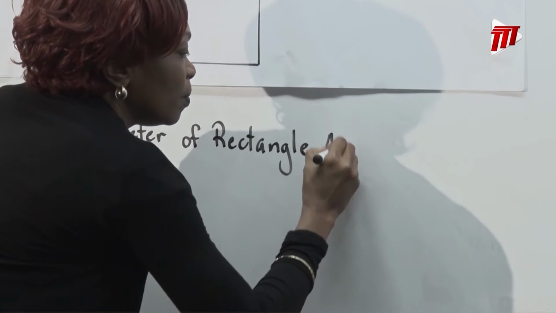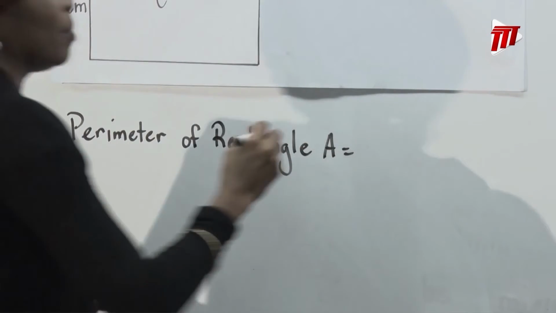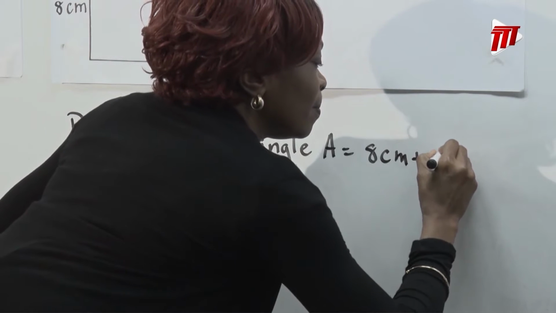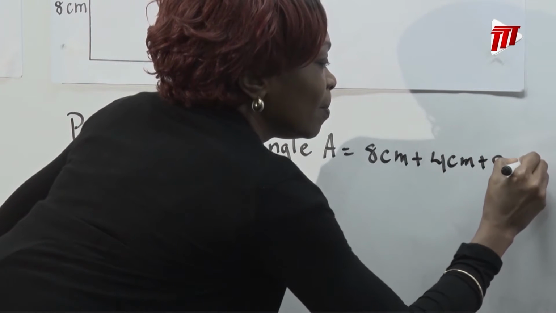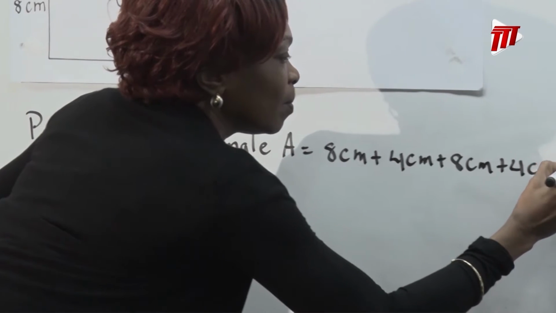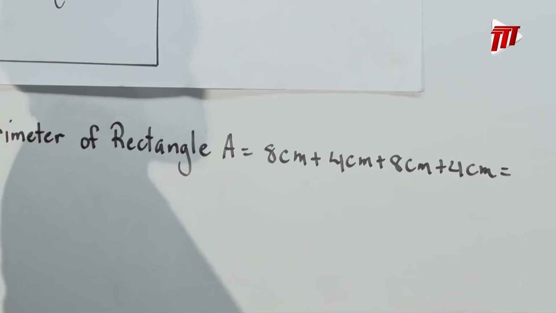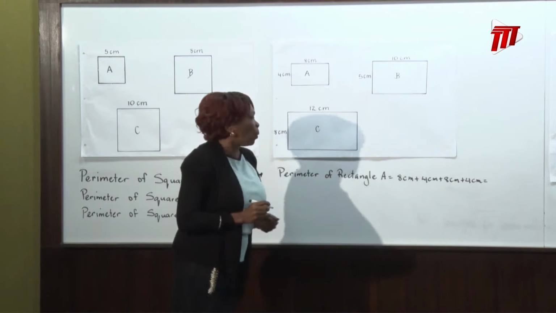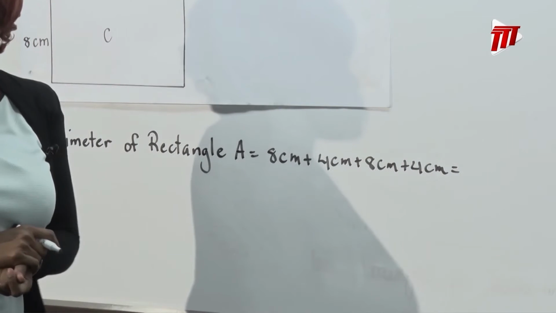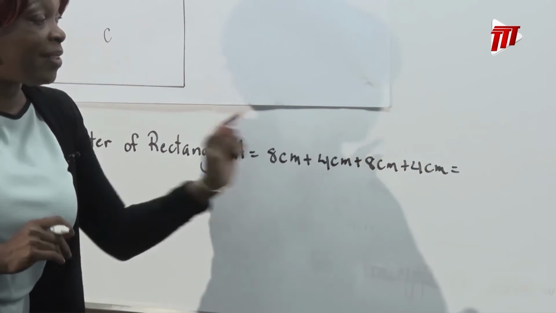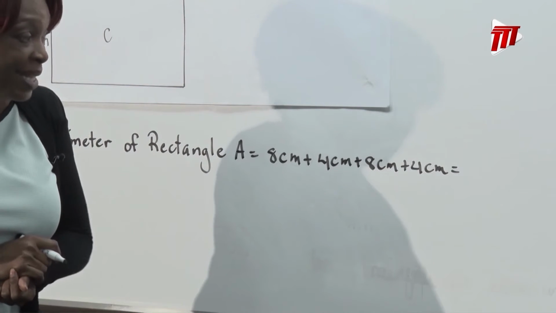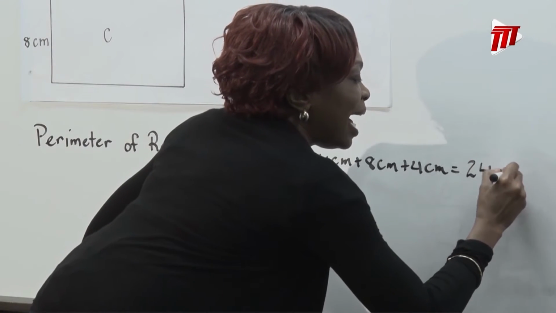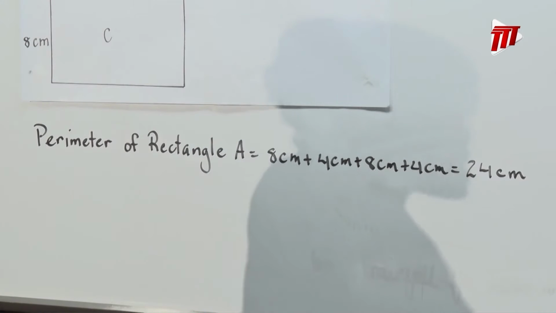If we come all the way around, remember that a rectangle has 2 lengths and 2 breadths. So let's add it up quickly now. 8 centimeters add 4 centimeters will give us 12 centimeters. 12 centimeters add 8 centimeters, 20 centimeters. And then you add the 4 centimeters, giving us 24 centimeters as the perimeter of rectangle A.